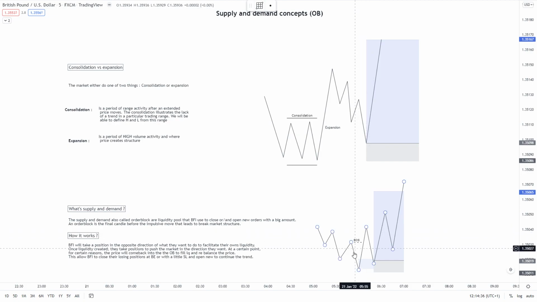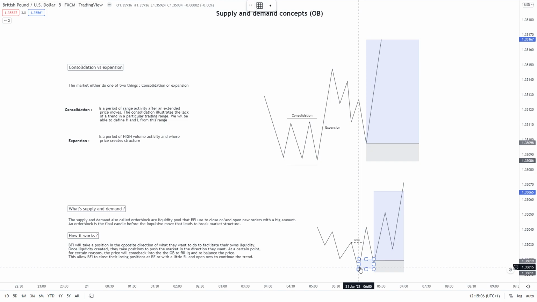For example, if here they take a selling position and take a buying position, here they are in profit with the buying position with, for example, 10 million, but with the selling position they are in negative for 10 or 15 million, for example. So what they will do is come back into the order block to mitigate and to close at break-even or with a small stop loss the position that they opened in the counter trend.